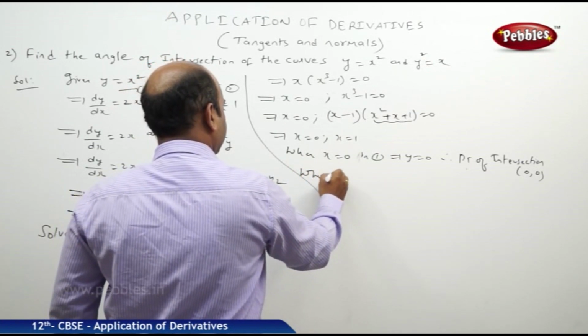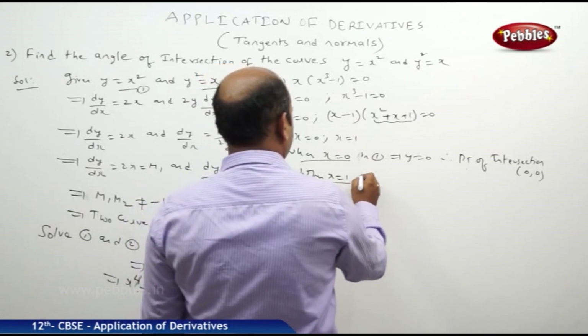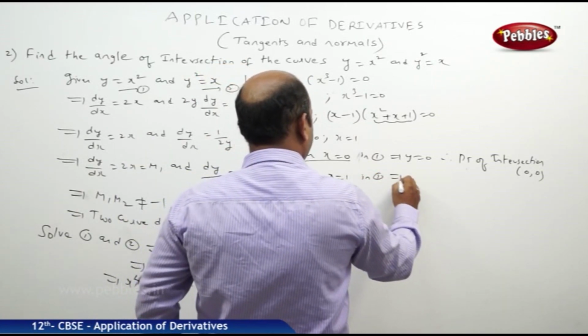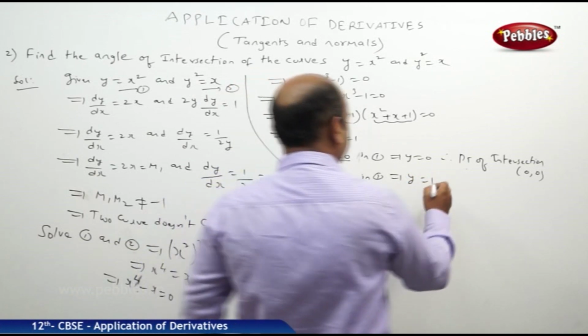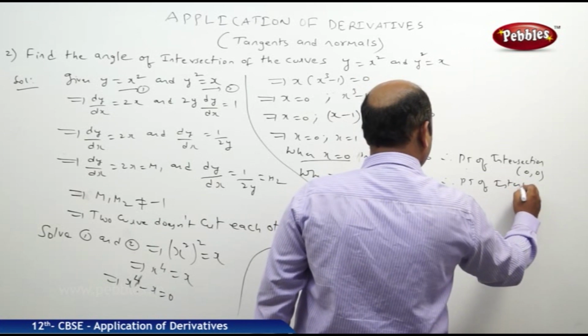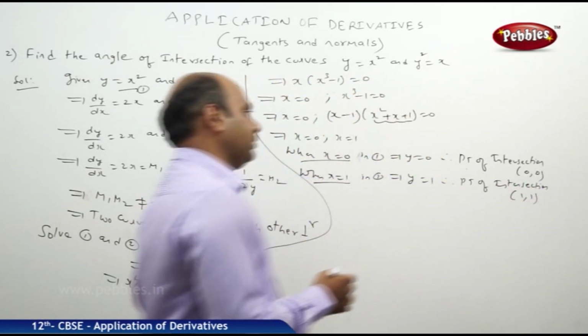Now when x is equal to 1, substituting in 1 only, I am getting y is equal to 1. Therefore the other point of intersection is 1, 1.